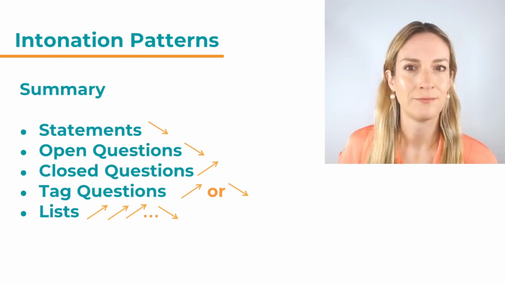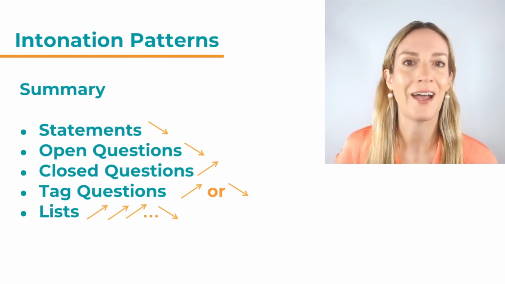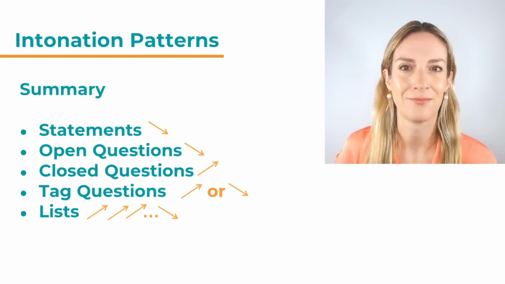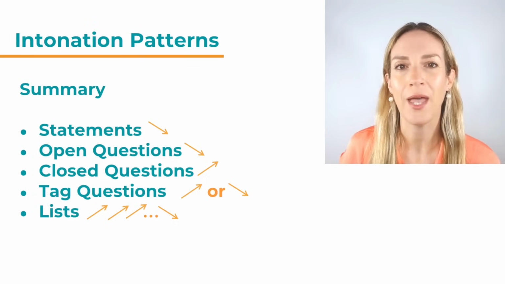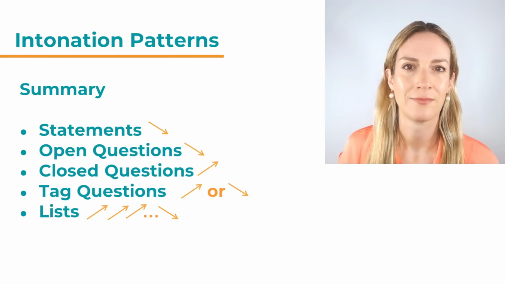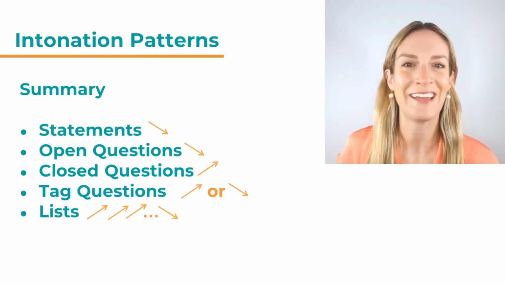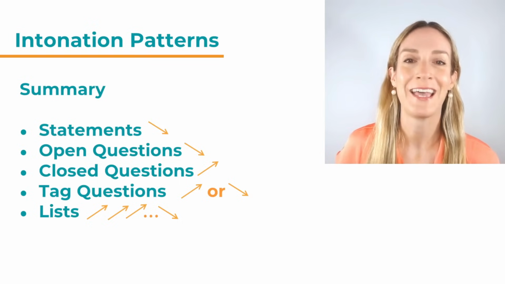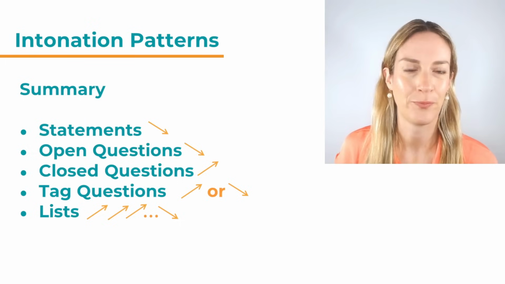However, closed questions, yes/no questions, have a rising intonation. We also looked at tag questions, and here we could have a rise or a fall depending on the meaning that you want to send. And last but not least, for lists, you have rise, rise, rise for all of the items you list until the very last one where you have a fall.